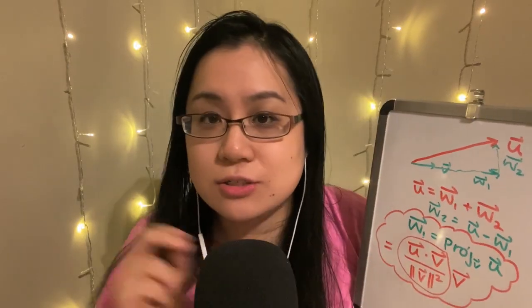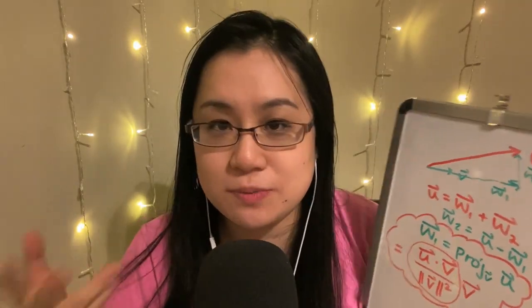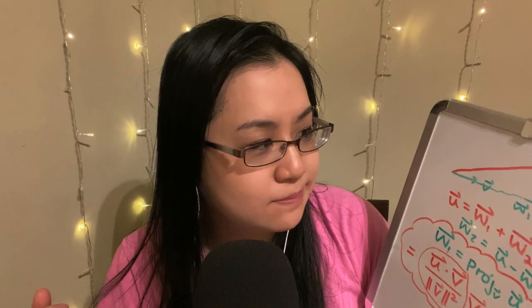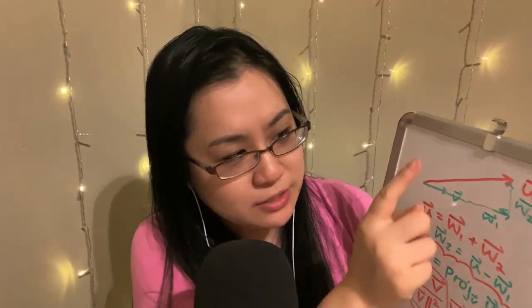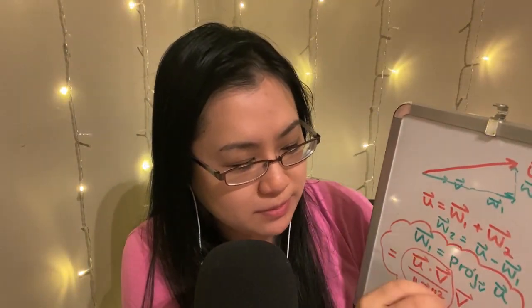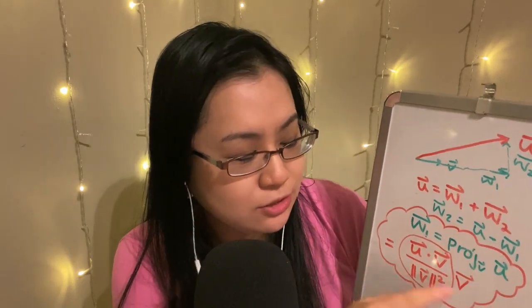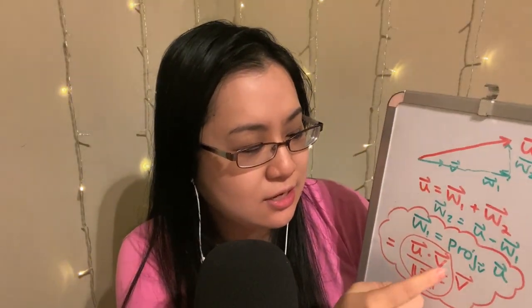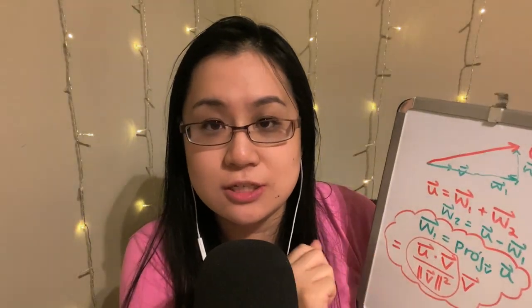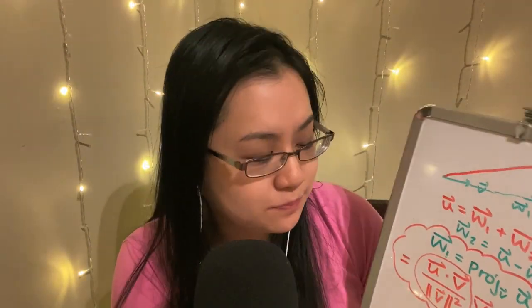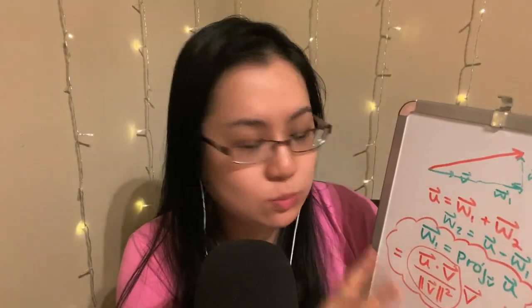They should dot to equal 0. So that's just one way to check. And so if they add up to be U and they're perpendicular to each other, and you double check that this is indeed a scalar times my V to make sure that it's actually parallel to V, then we should have gotten the correct components.